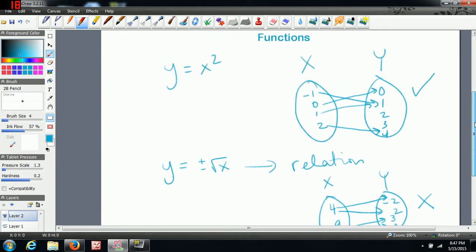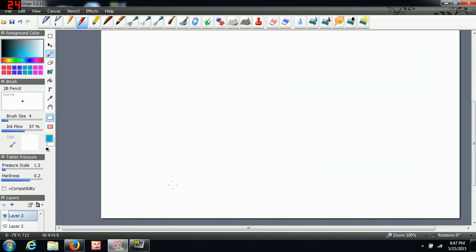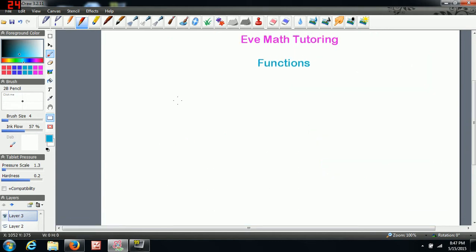So to remember these rules, I can show you a quick diagram. Basically for functions, if you're looking at x's and y's, if you've got two numbers going to one number in the y's, that's allowed. Or if you've got one number going to one number from x to y, that's also allowed.